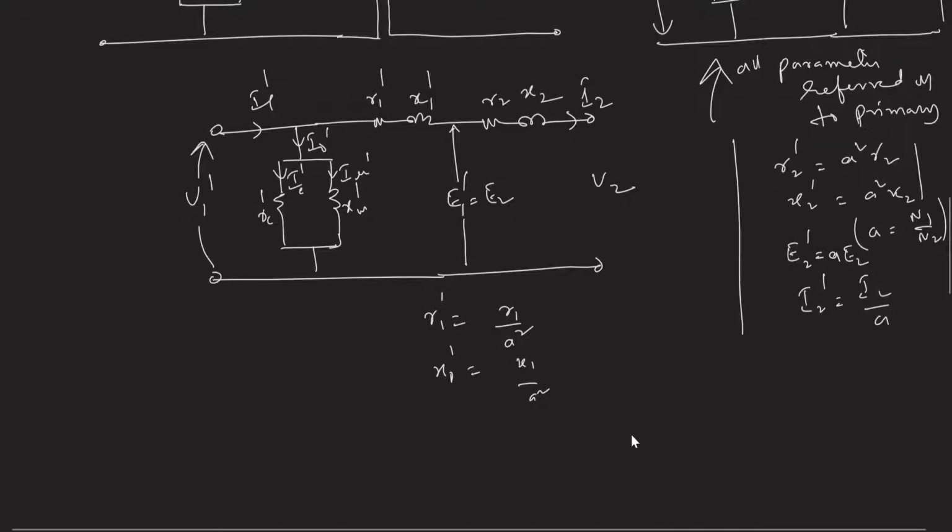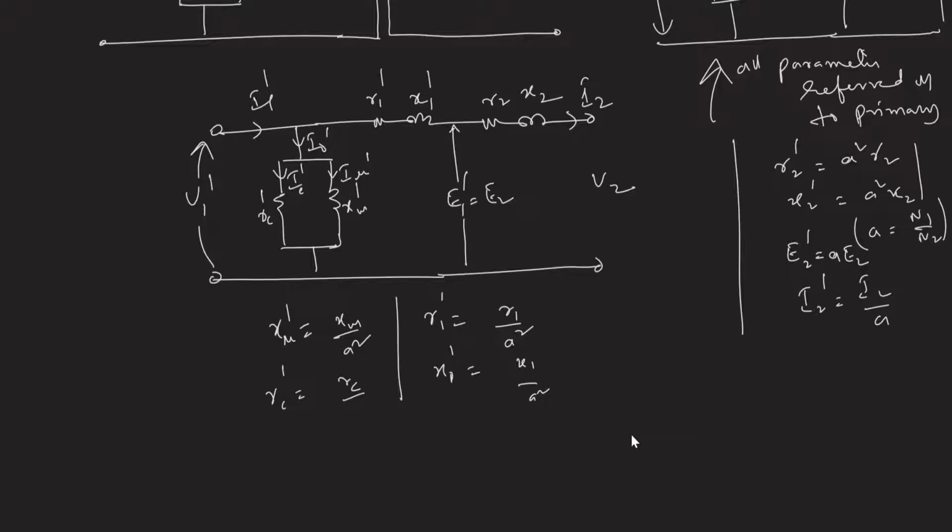Okay, and what else do we also have? This is RC and XM. XM dash is equal to XM by a square, and RC dash is equal to RC by a square. Similarly, we also have currents and voltages.